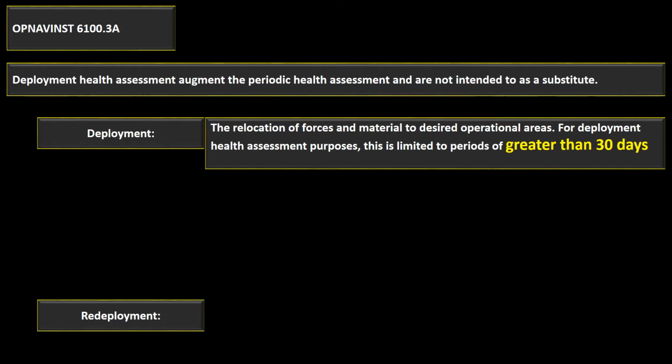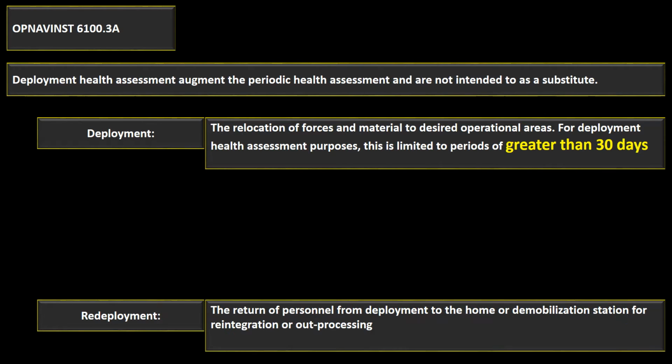Okay, so deployment, relocation of forces to an operational area greater than 30 days for the deployment health assessment process. We're going to define a redeployment as a return of personnel from deployment to the home or demobilization station for reintegration or out processing. So this is coming home from a deployment. This isn't another deployment. When we say redeployment, when we're talking about periodic health assessments, we're talking about coming home.